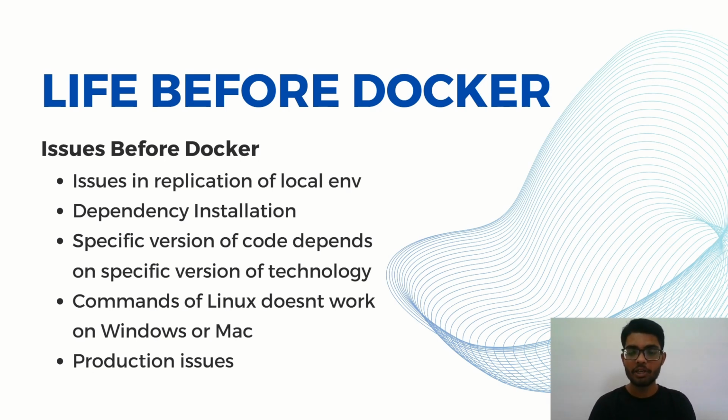There was also issue in dependency installation. So for small scale project, it is possible to replicate each and every version of technology you are using. But suppose you are working in big company and it has hundreds and thousands of dependencies. So it is not possible for you to install each and every dependency manually. In that case, missing a single dependency can cause that application to not run from the other machine.